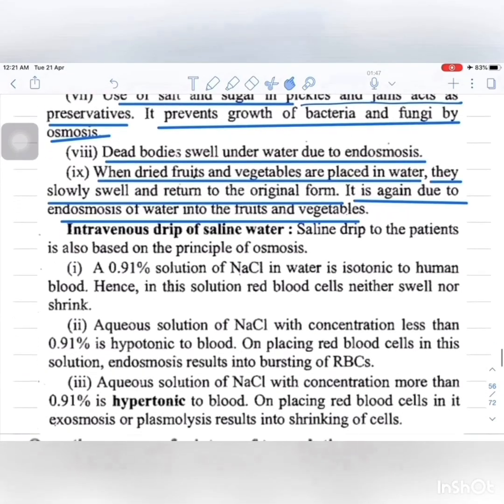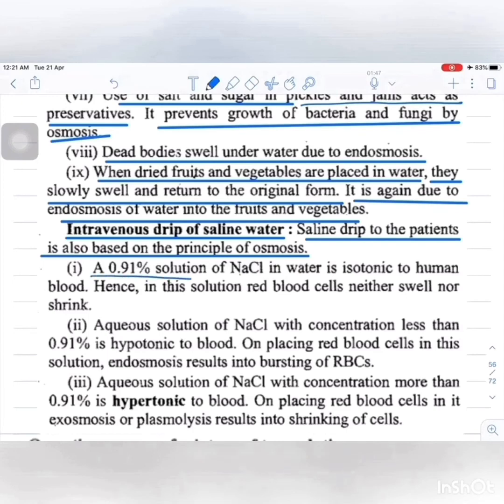Now, intravenous drip of saline water. Saline drip to the patients is also based on the principle of osmosis. A 0.91% NaCl solution is isotonic to human blood. The term isotonic comes here. Earlier we have learned hypotonic and hypertonic.